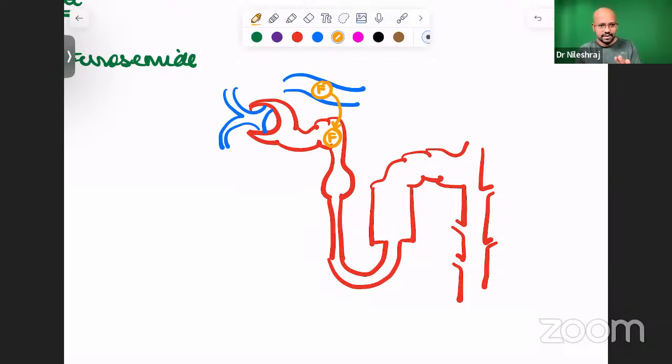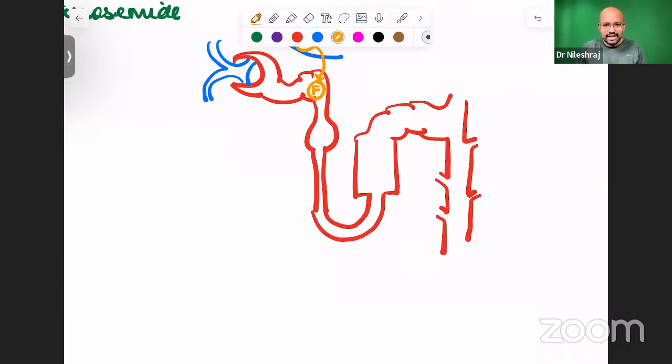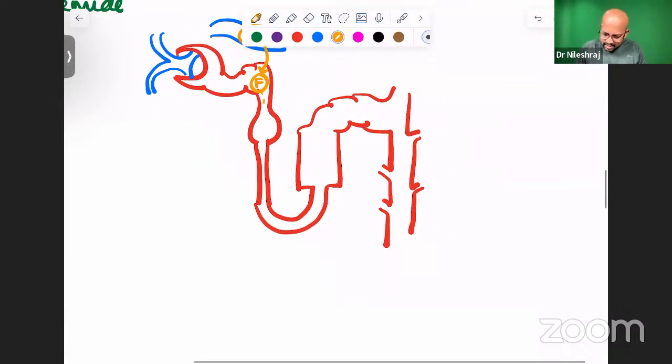I hope you're all with me till now. Good. Furosemide in turn gains entry inside the urine. From there, it will go inside the thick ascending limb of Henle's loop, where we have a specific transporter. The function of the transporter is to produce reabsorption of sodium, potassium, and two chloride molecules.